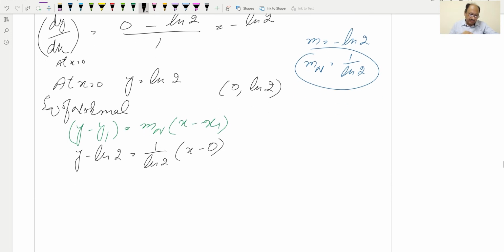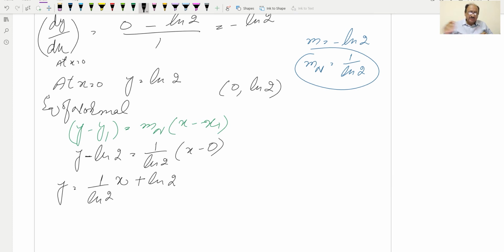Further we can rewrite it as y is equal to 1 over log 2 into x plus log 2, because the log 2 will be sent to the other side, so it will be plus log 2. So this will be the equation.